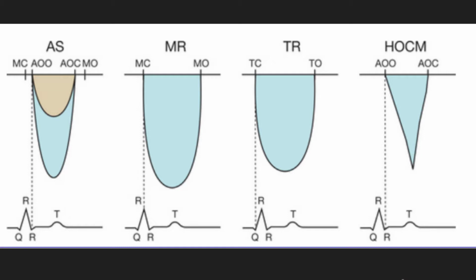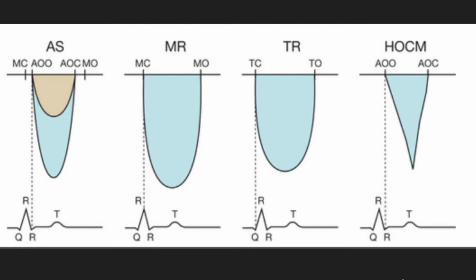Now, the difference between an aortic stenosis and a dynamic outflow tract jet is that during aortic stenosis, the obstruction is fixed, and therefore the jet is symmetrical, bullet-shaped. Whereas during left ventricular outflow tract obstruction, the obstruction is dynamic and therefore increases as systole proceeds, and the jet velocities will therefore also increase as systole proceeds, leaving an asymmetrical jet or a dagger-shaped curve.